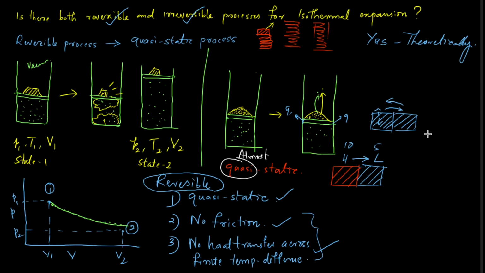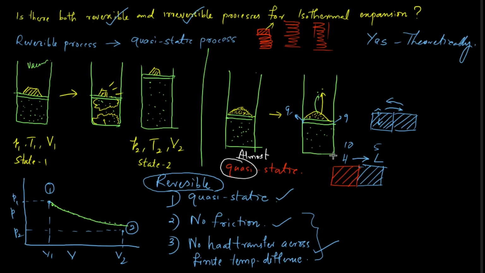That is the only assumption we had in that derivation for calculating the work done. Similarly, for the isobaric or isochoric process, we have the condition that either V equals constant or P equals constant. In that case also, we don't need any assumptions regarding reversibility or irreversibility.